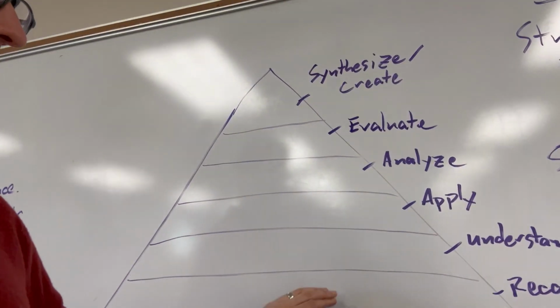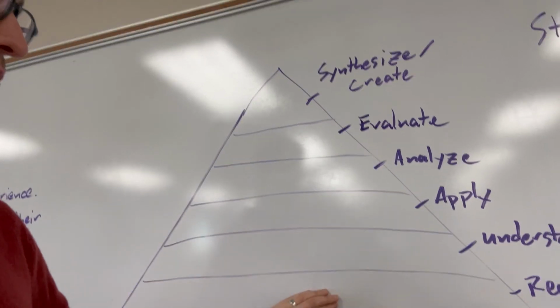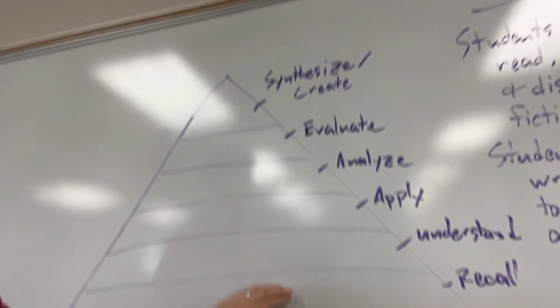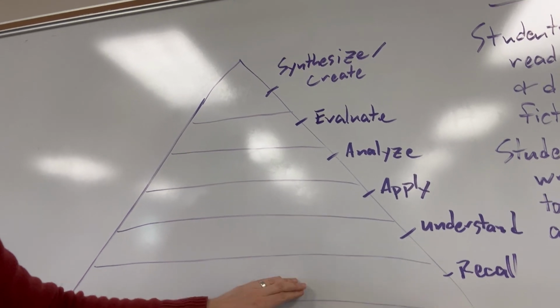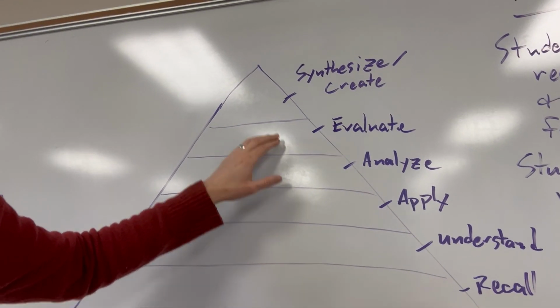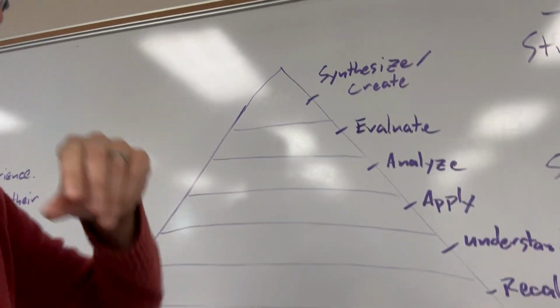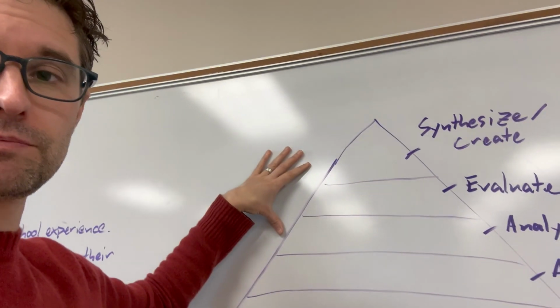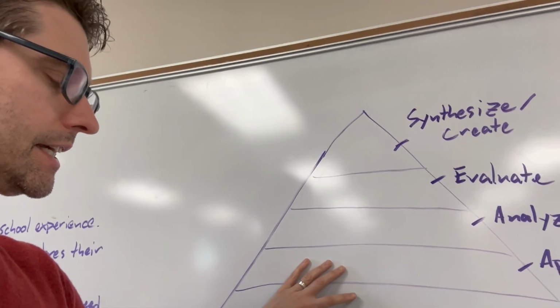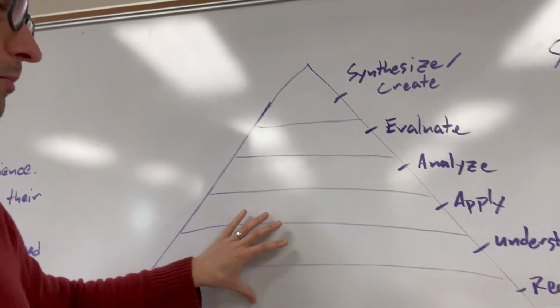It's that we're failing down here, and because we're failing down here, because we can't even read to recall or read to understand, we can't read to analyze and evaluate. And part of this has to do with, before you get to the HOTS here, you have to take care of the bottom things.